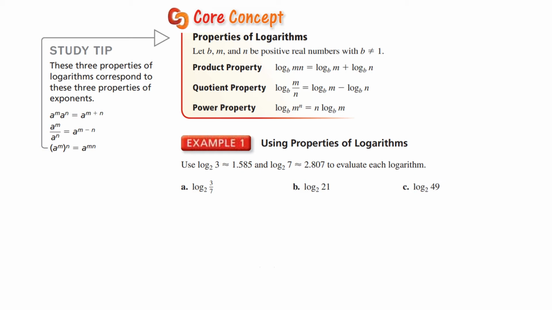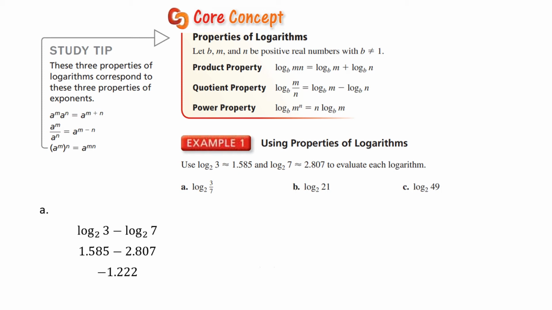As soon as we say 3 divided by 7, do you see that the quotient property is going to come into play? We can separate that through subtraction and say that's the log base 2 of 3 minus the log base 2 of 7. And take a look up in our directions here. They give us those approximations. Write them down, perform the operation, and we come to our approximate answer.